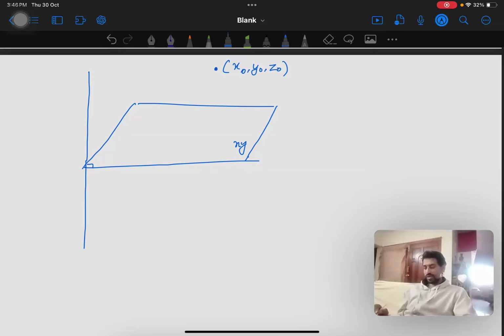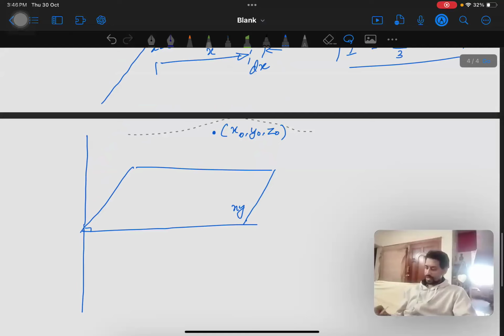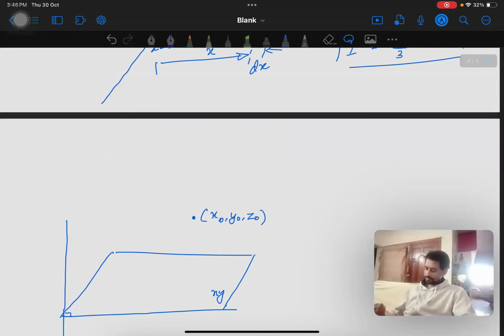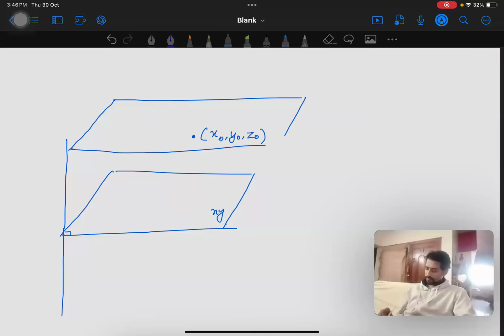So what we can do is construct a plane which is parallel to this particular plane. You can imagine how it is. It would be parallel over here, this way, this way, this way, this way.